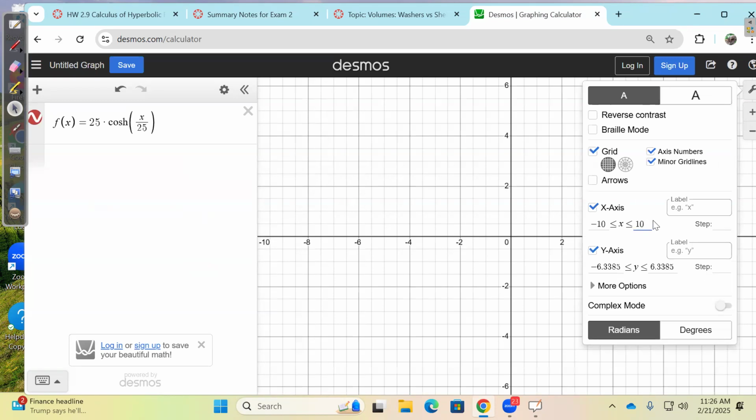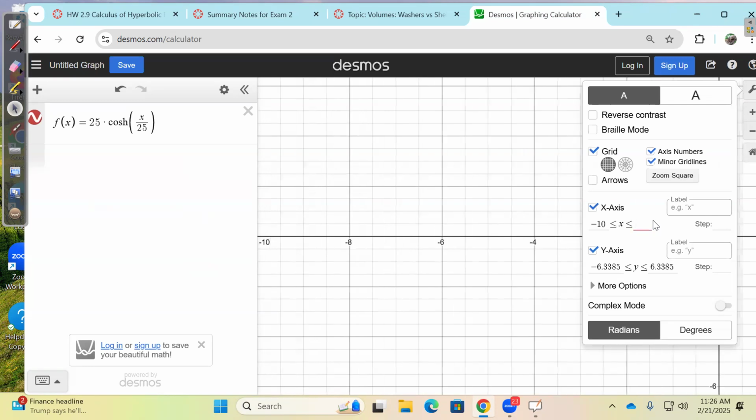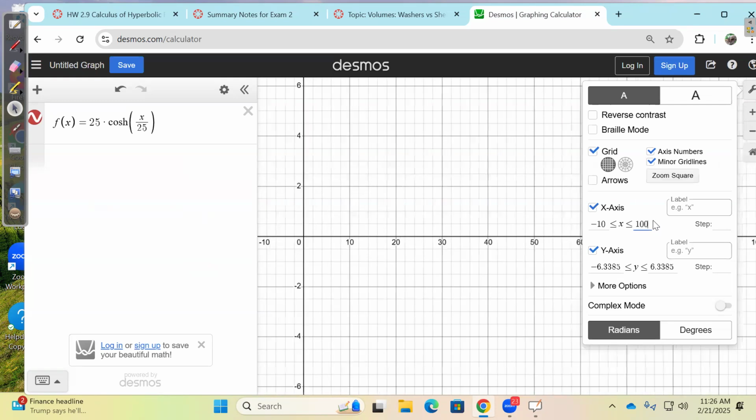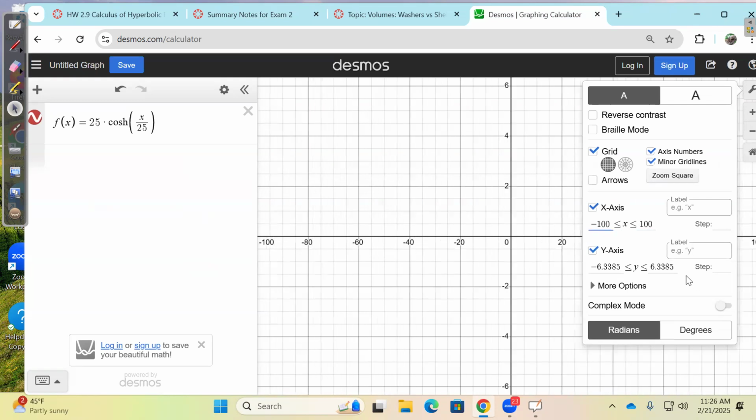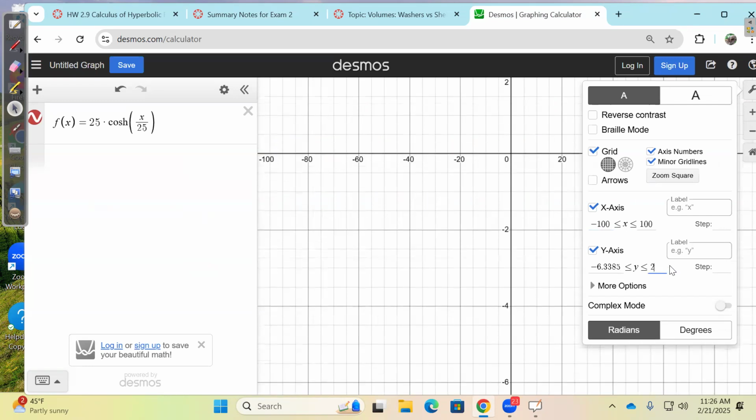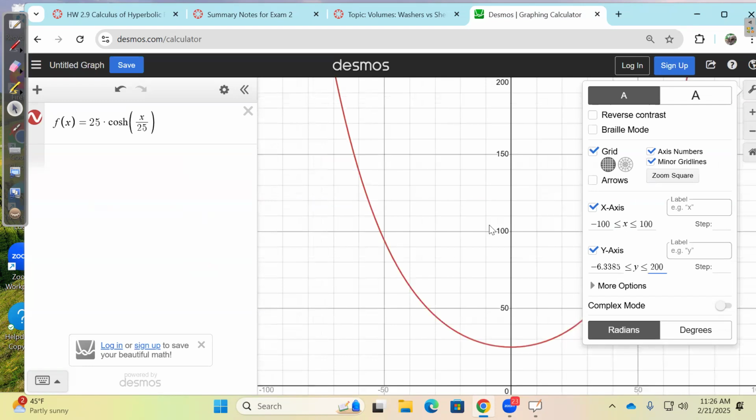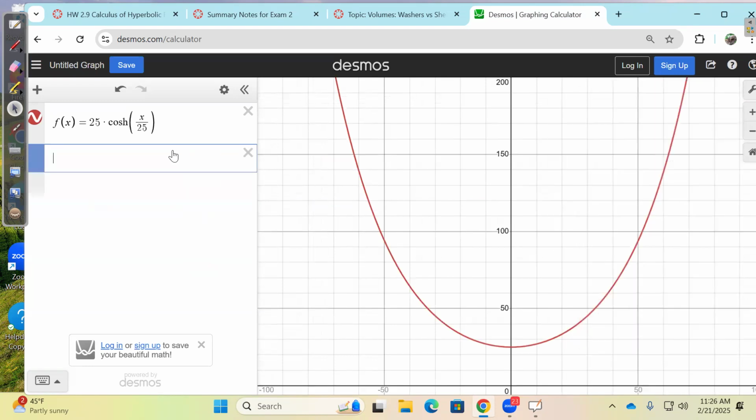How tall are my towers? 140? Oh, I would go left and right. Oh yeah, 70, negative 70. So let's go up to 100 on each side. And for y, that's where we need to go up higher. Go up to 200. And again, I'm going from x equals -70 to x equals 70.